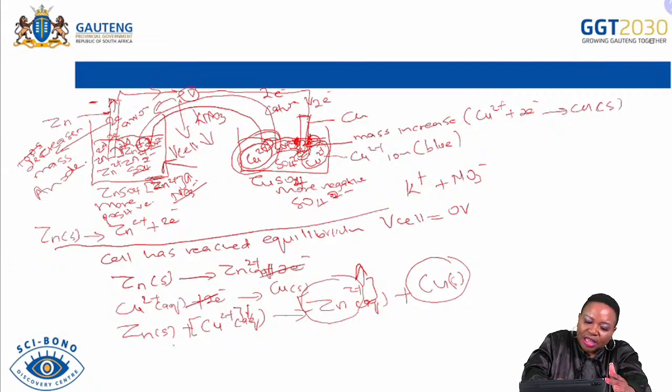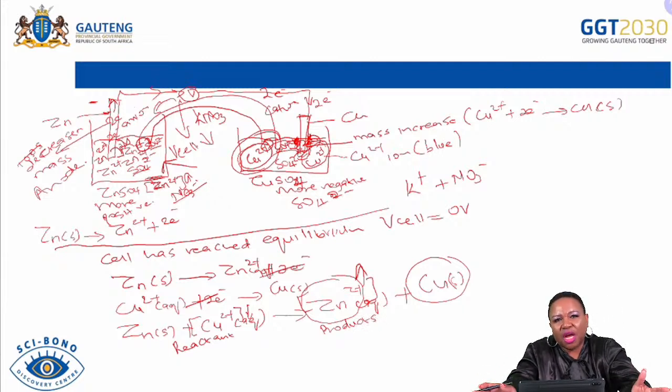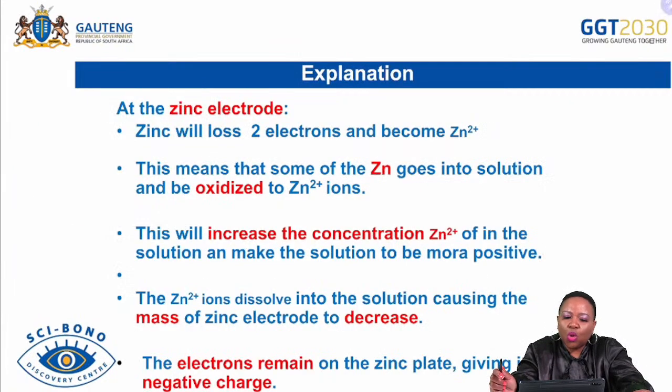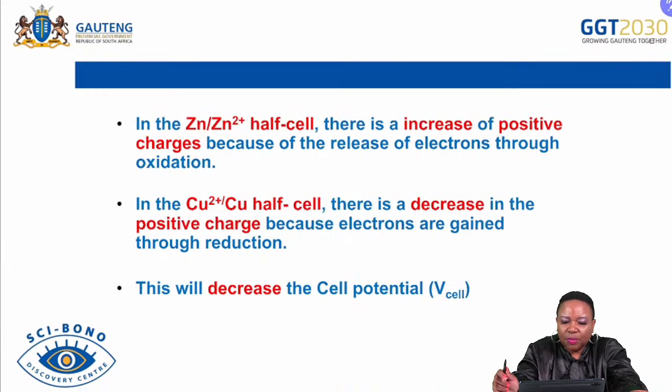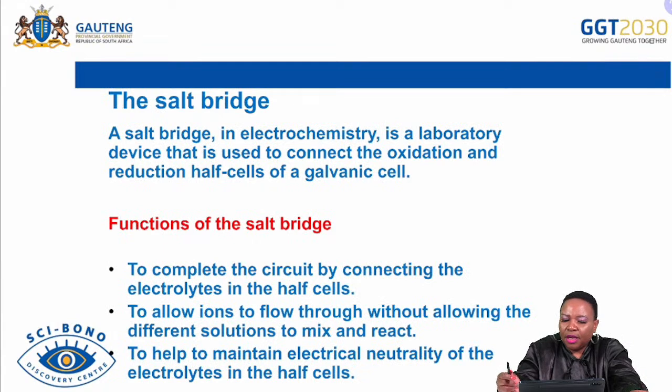The Cu2+ ions are on the side of the reactants, and the Zn2+ ions are on the side of the products. So what decreases the cell potential as the cell is in operation? The cell potential will be decreased by, let me just go back.